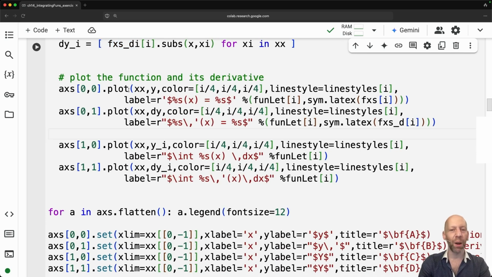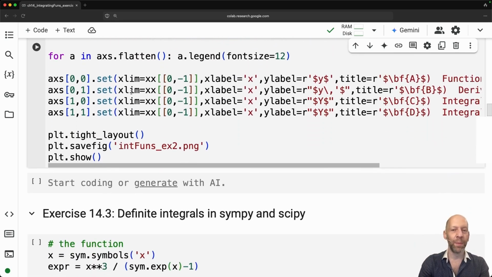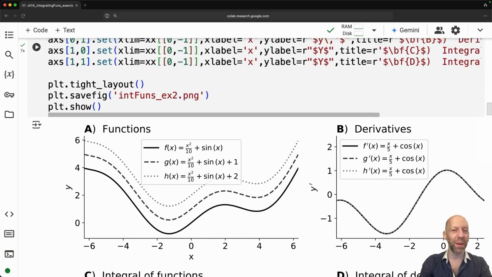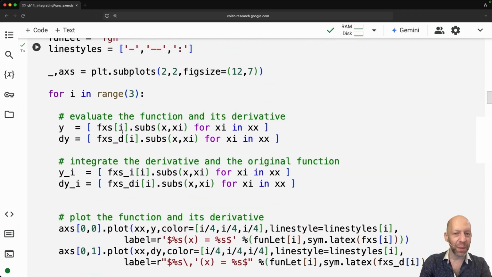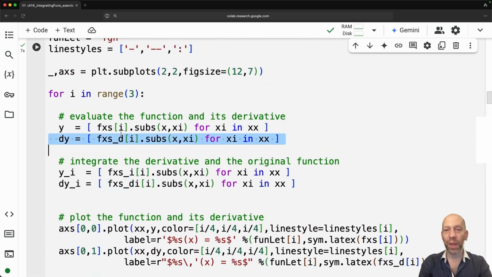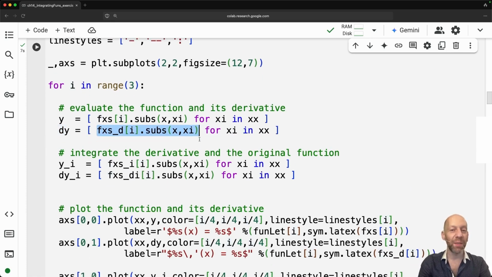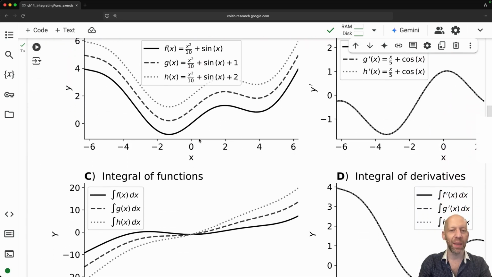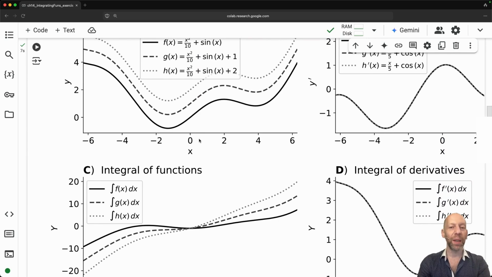And then I'm just plotting all six of these lines in these different subplots. Okay, so this takes a minute to run, mainly because this list comprehension and substitution method from SymPy is a little bit sluggish, as you have seen several times earlier in the book. Okay, so here we have panels A and B. Let's see, let's start with interpreting panel C.